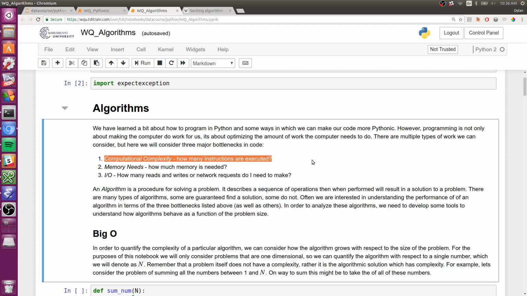So the first concern we'll consider is computational complexity, meaning how many instructions do we need to execute to solve our problem? Because if every instruction takes, say, a microsecond to execute, then the number of instructions that we need to execute is going to directly determine how long our program takes to run.